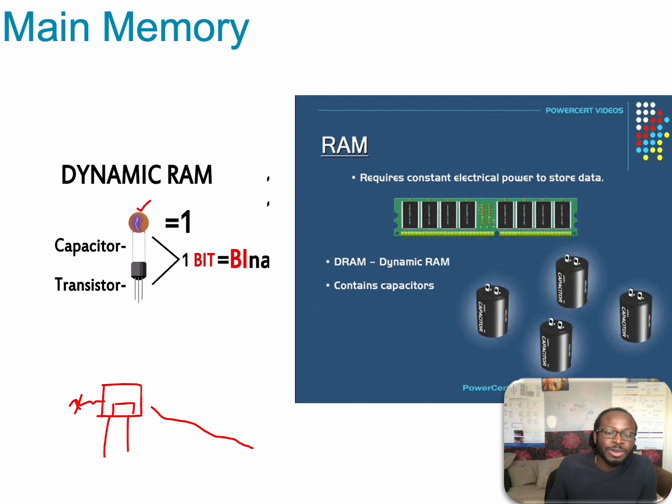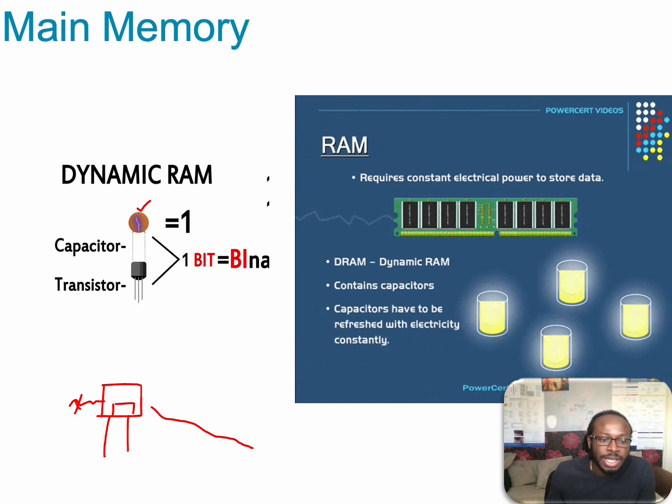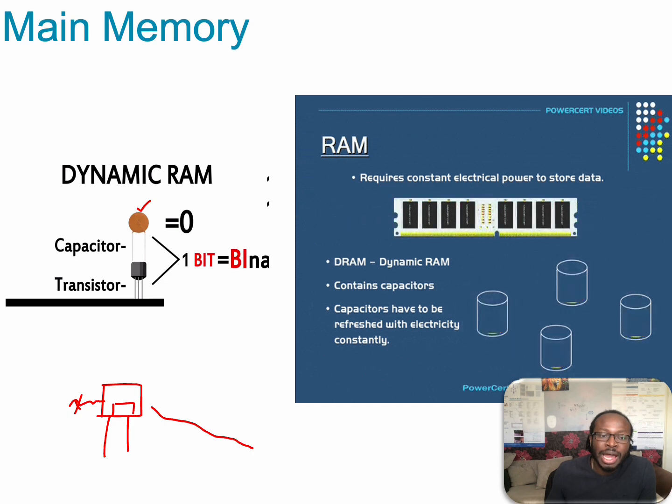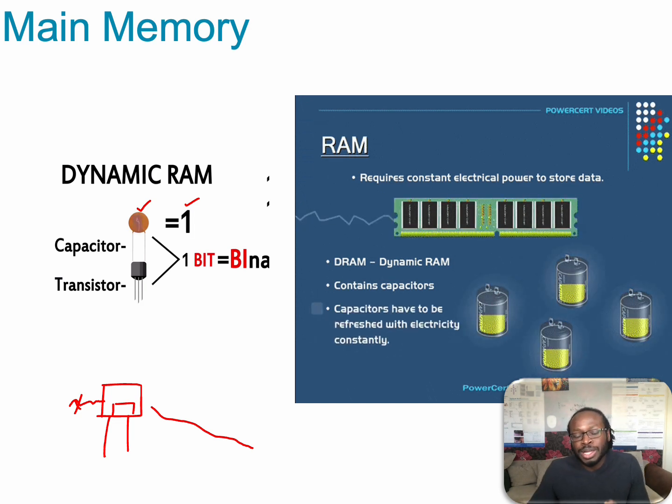So you can think of it as an electronic component that stores a charge, just the way a battery works. You have a transistor that can allow power to go through the capacitor, and if the capacitor is charged, you can consider that as a 1, or if it is discharged, you can consider it as a 0. Because we can store a charge and discharge, we can have a state of 1 or 0.